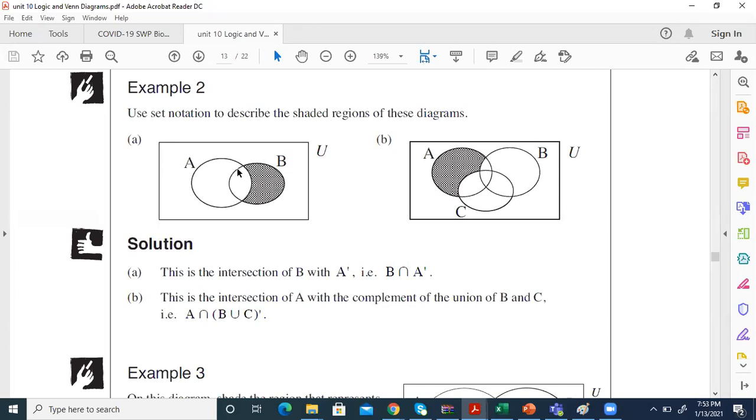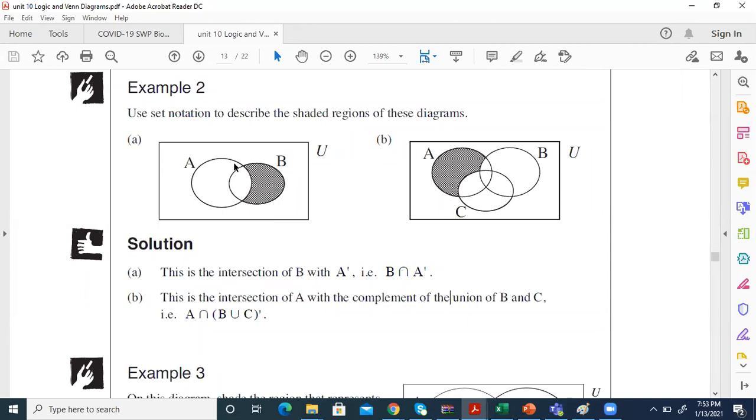They refer to this as B only, the elements that are in B and are not in A. It is written as B intersect A complement, very important. So it's saying, give me the intersection of B and the elements that are not in A.